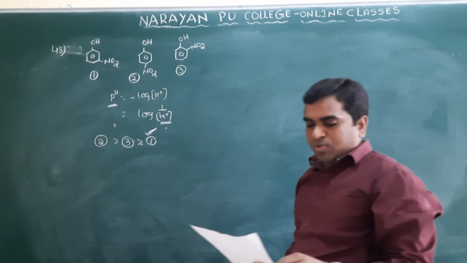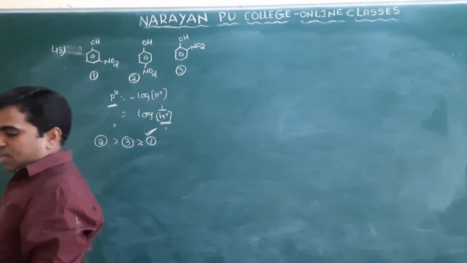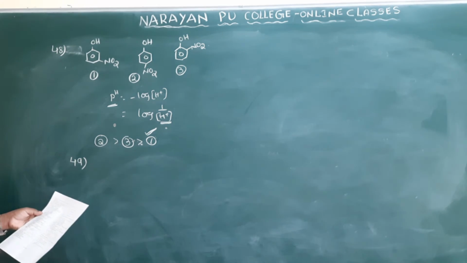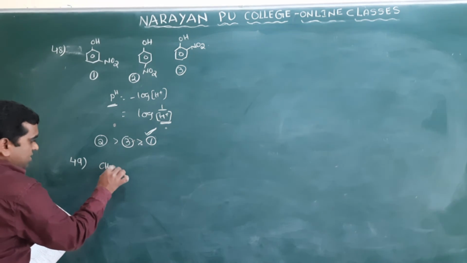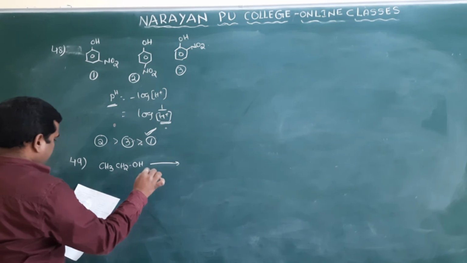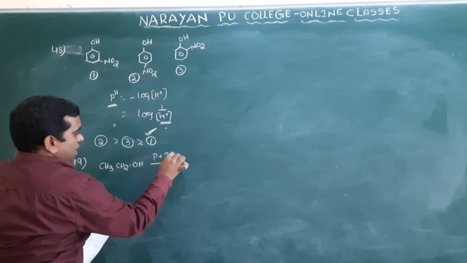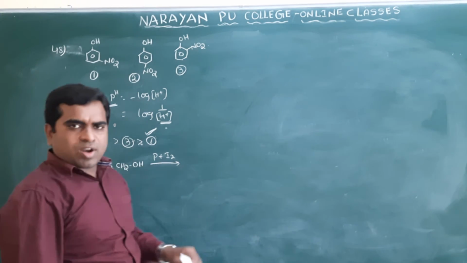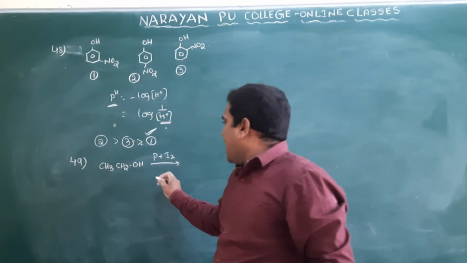Next one, question number 49. Clear? See question number 49. Alcohol CH3CH2OH treated with red phosphorus and iodine. I already mentioned it is PI3.